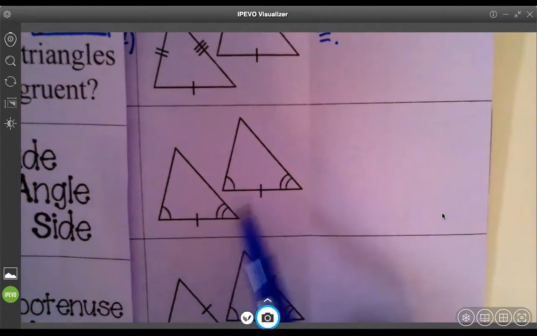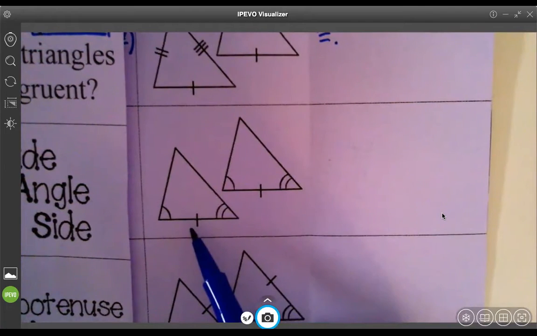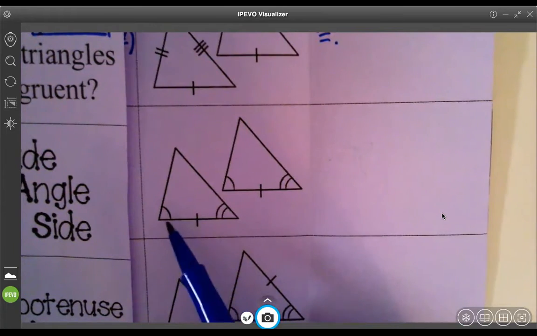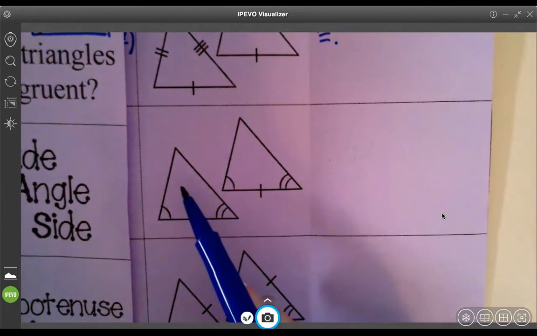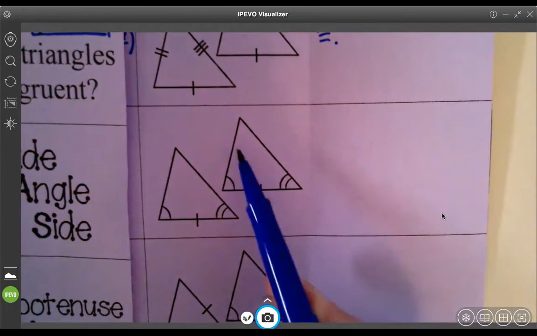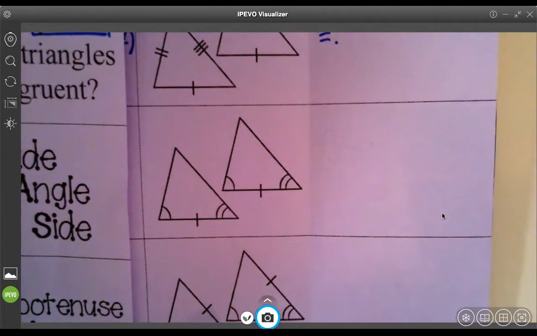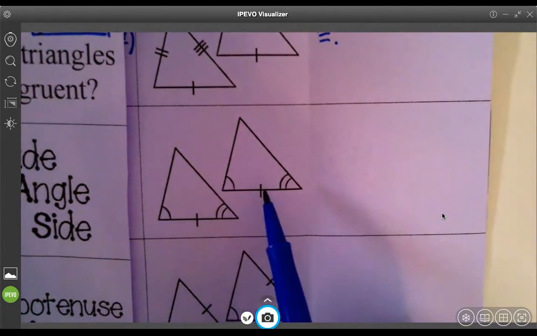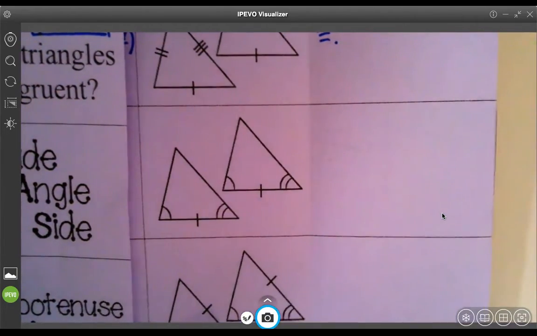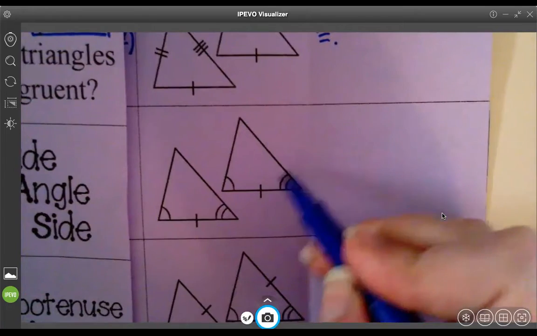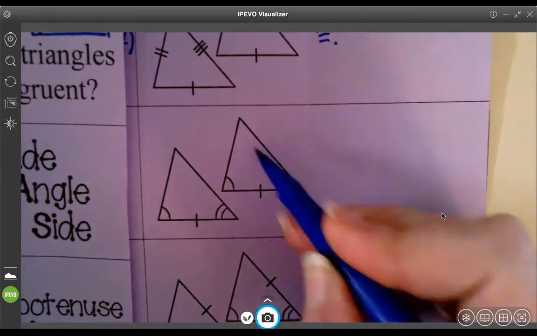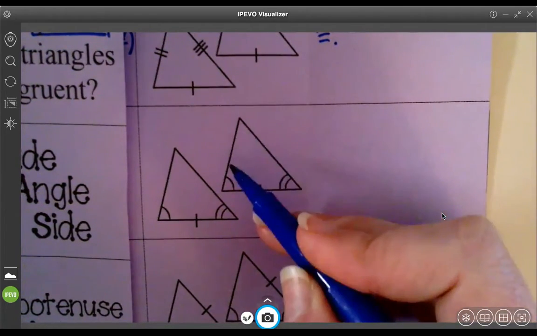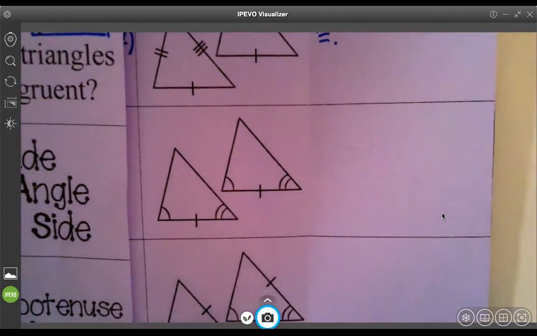But here, we have a matching side in a matching place that tells us that the triangles are the same size. If all of these angles open up at the same amount, you know, all three angles, both triangles, and one of the lines is the same, that means all of them are going to have to be the same. Because if these angles open a set amount, there's only so long the opposite side could be, all the way around the figure.